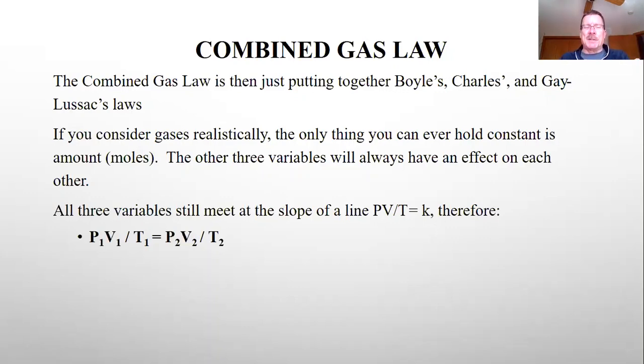If one set of points has the same slope as the other set of points for that gas, then you can compare them. And that's where P1 V1 over T1 equals P2 V2 over T2. That's it. Unfortunately, you have to go through the other three to understand where that came from.